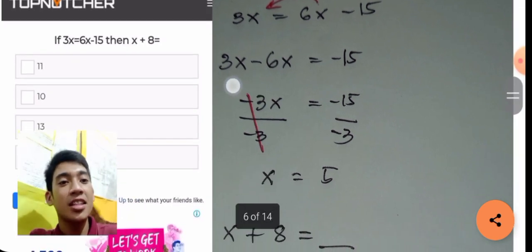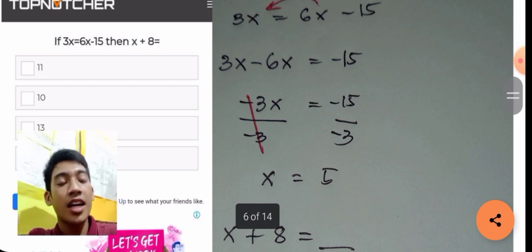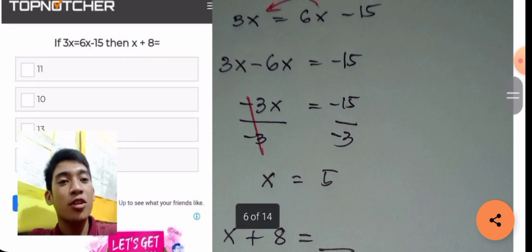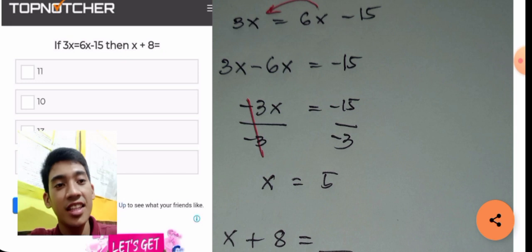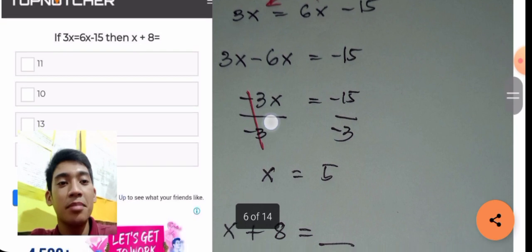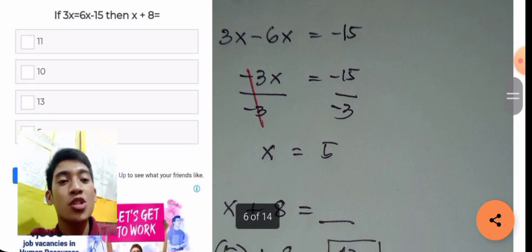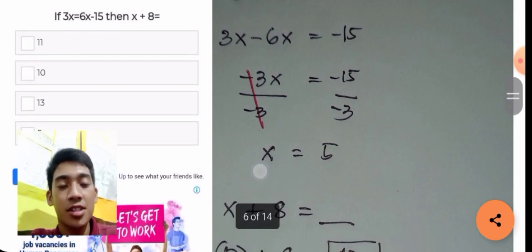Simplify it. 3x minus 6x will give us negative 3x, because obviously 6 is bigger than 3, and copy the sign of the bigger number, which is 6. So negative 3x. Divide both sides by negative 3 so that we will have x only.